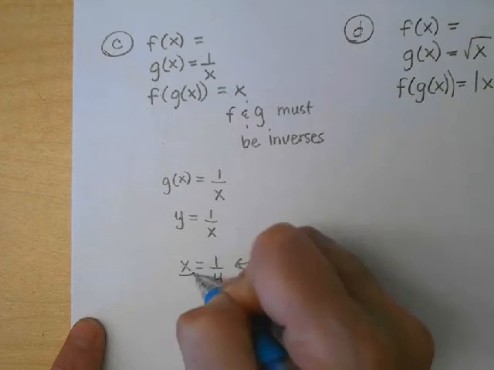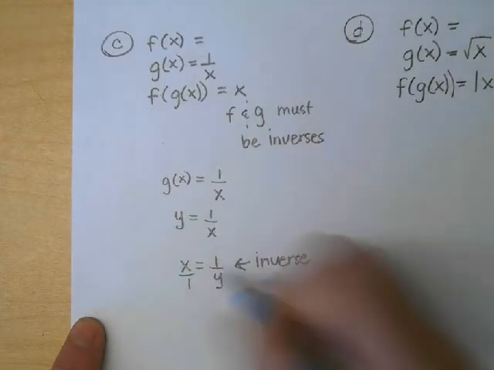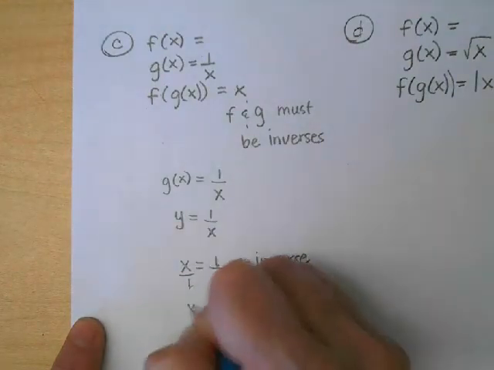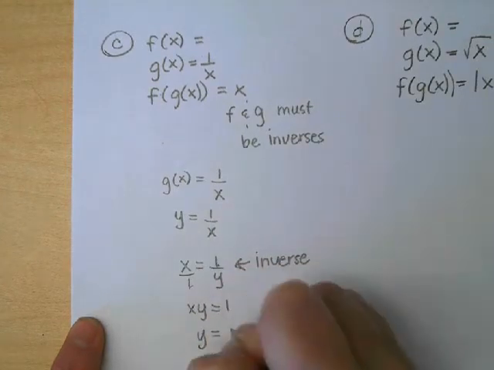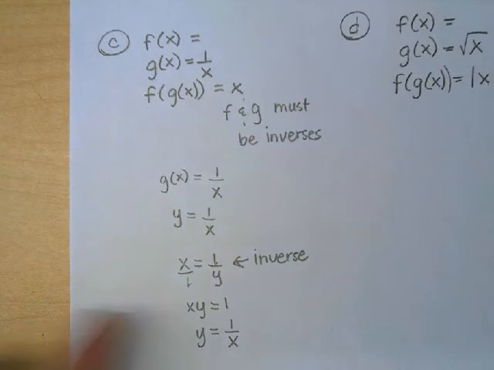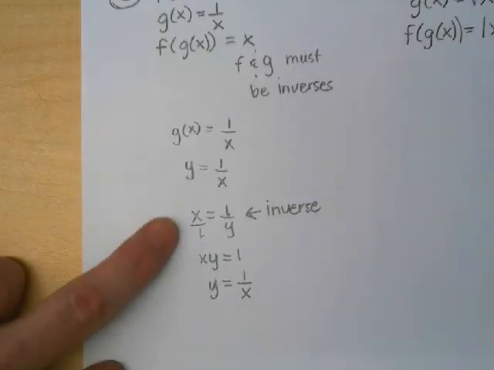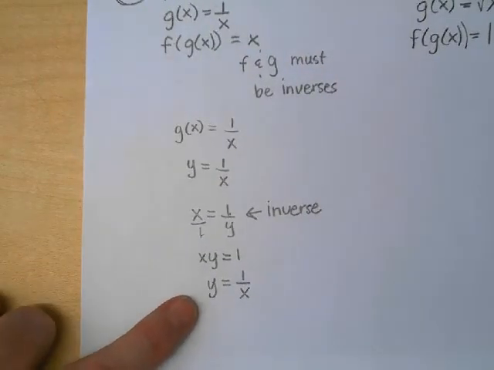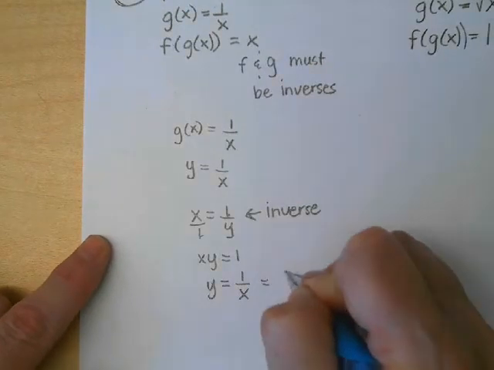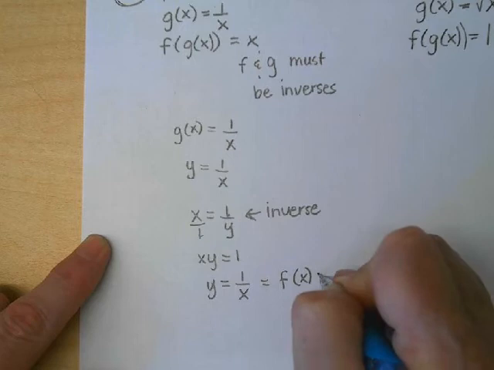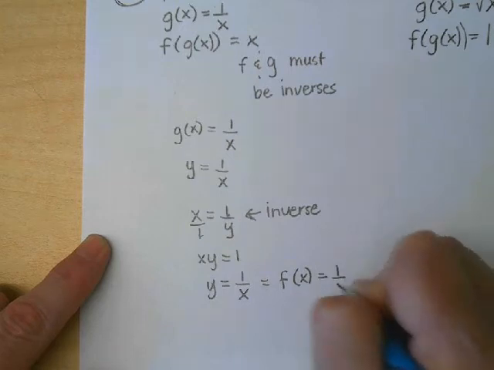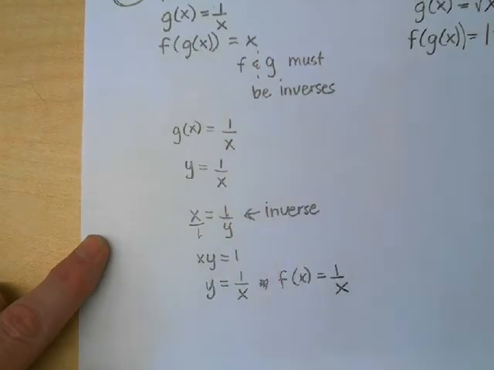So I'm going to cross multiply: x times y equals 1. And then I'm going to solve for y. So this is the inverse solved for y. And we said f and g are inverses of each other, so f of x must equal 1 over x.